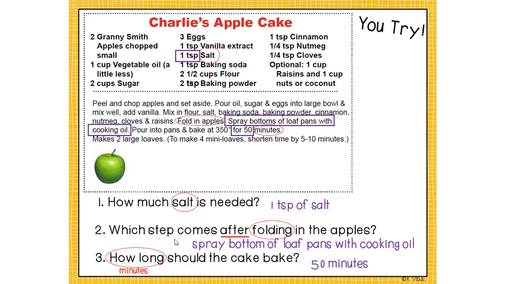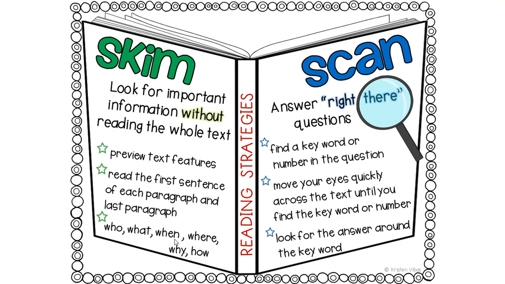So again, we're not reading this whole thing from beginning to end. We're just searching for those key words to answer those right there questions. So let's review. Skimming is looking for important information without reading the whole text. And scanning is just being able to answer the right there questions without having to read from beginning to end. And when we're skimming, we're looking for those text features.